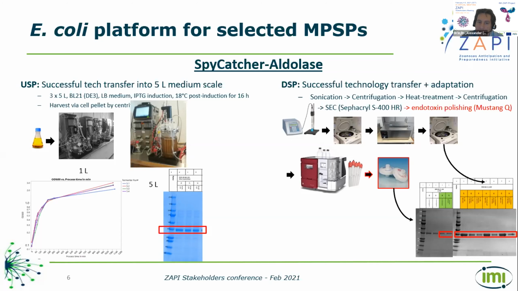In our lab scale, we then harvested the cells, and I mentioned the DSP strategy earlier, that we want to have a relatively simple DSP, but also harness the heat stability properties of these proteins if possible. So how the DSP process for SpyCatcher aldolase looks like at this moment, there are two options to do it, but we always need some kind of cell lysis, of course.